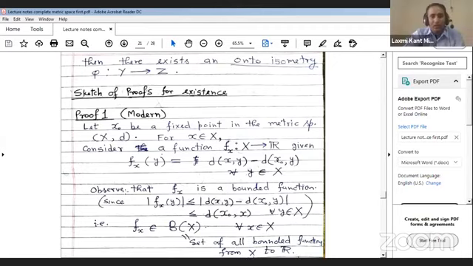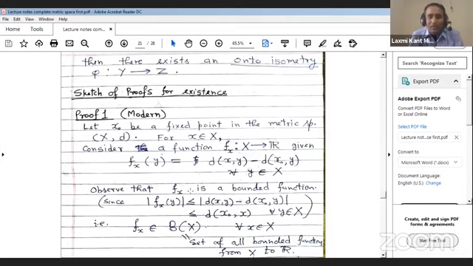Now observe that f_x is a bounded function. How is it bounded? Suppose we take the modulus of f_x(y), that means the image of y under f_x.